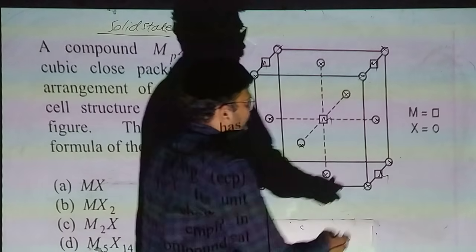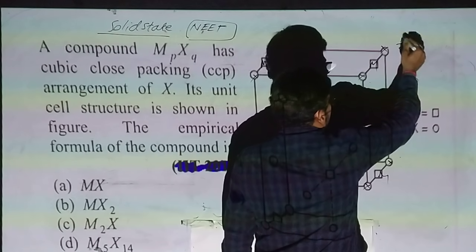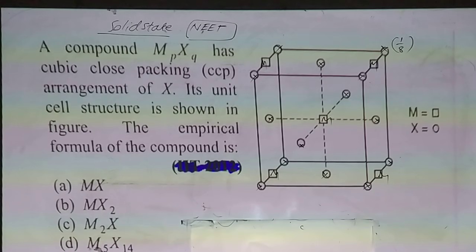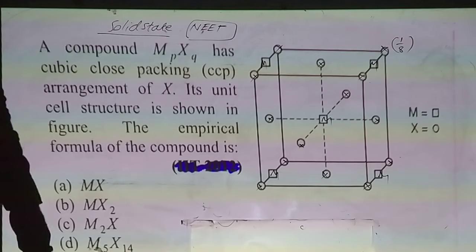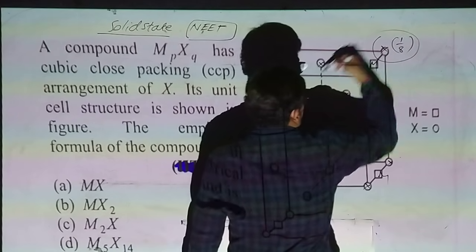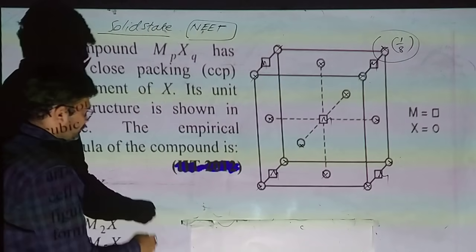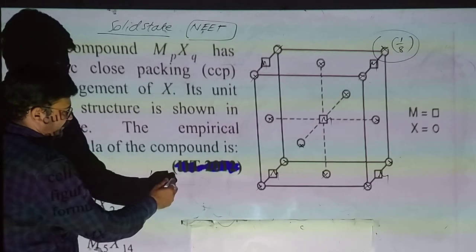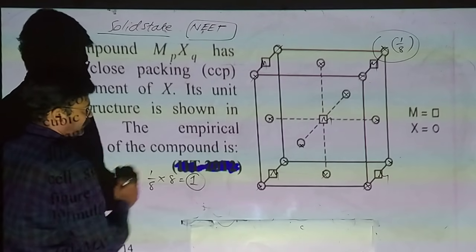So now tell me, at the corner, the sphere does not fully belong to the cube. It is a 1/8 portion of it. 1/8 portion, so 1/8 eight times, equal to 1.